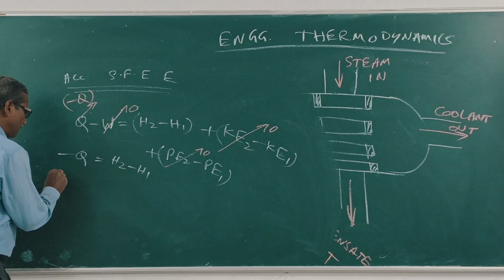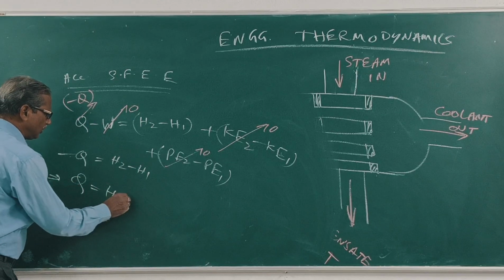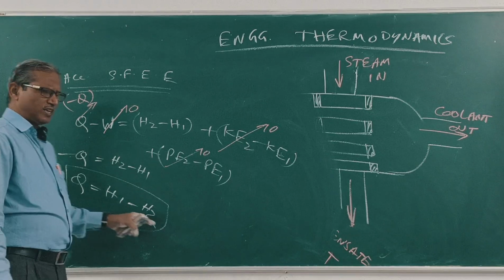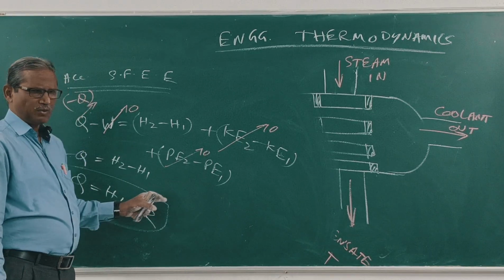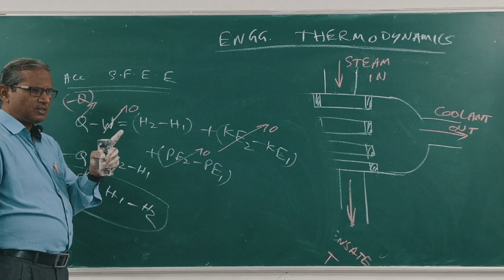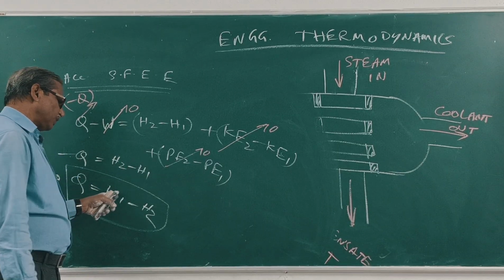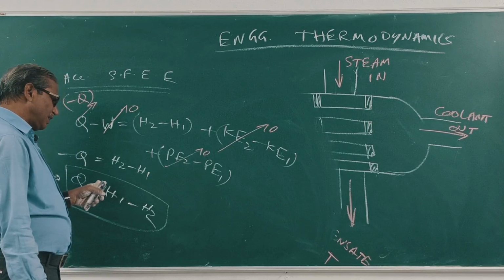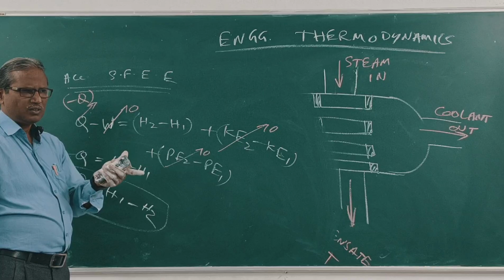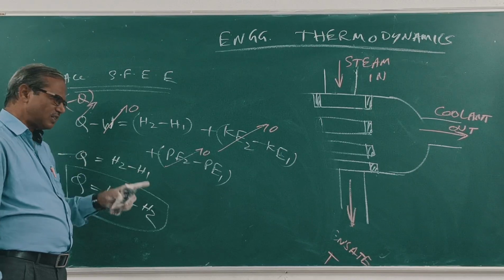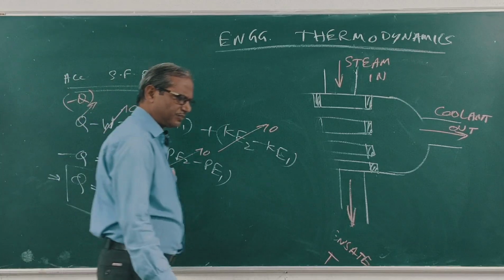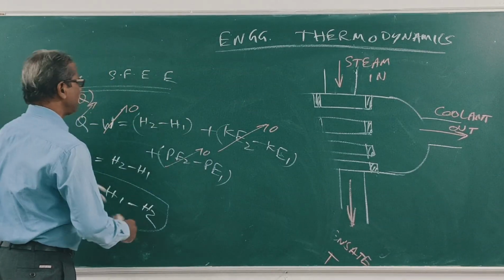This implies Q is equal to H1 minus H2, meaning H1 is more than H2. That means enthalpy decreases. In the case of a boiler, enthalpy increases and Q is equal to H2 minus H1, but here Q is equal to H1 minus H2. So in a boiler, the enthalpy of the system increases, whereas in a condenser, its enthalpy decreases. Next, evaporator.